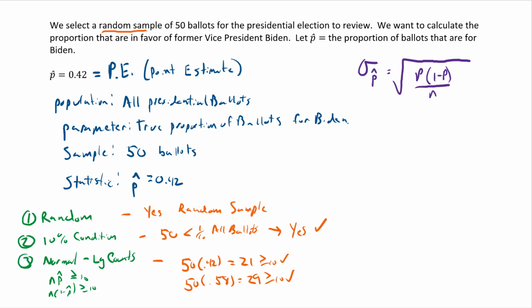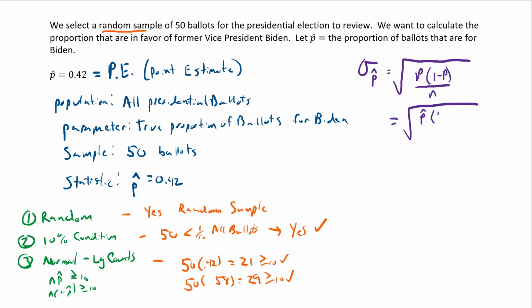Well, that is the base formula setup, right? That we go off of. Well, we don't know the true proportion of ballots overall. In that case, if we do not understand the true proportion overall, we can simply use our p hat value, okay? So since we do not know the true proportion of the entire population of ballots, we're going to use our sample proportion that we got.